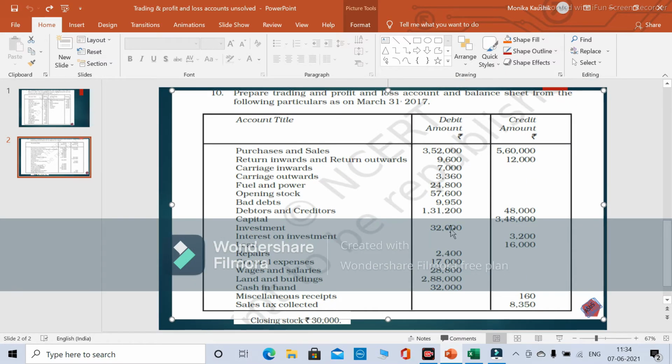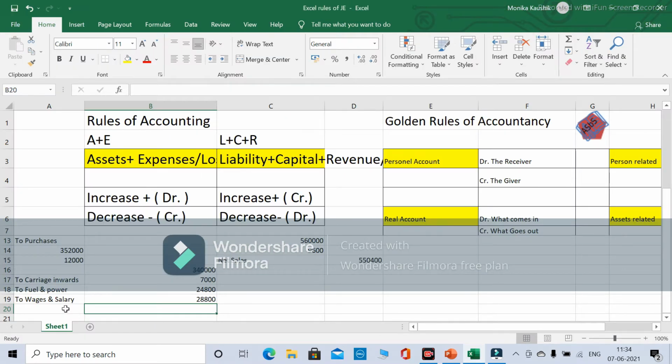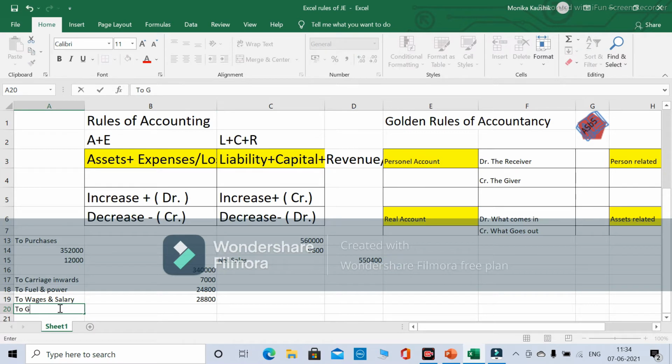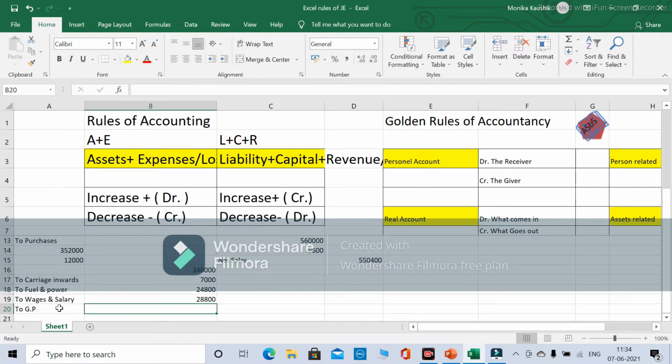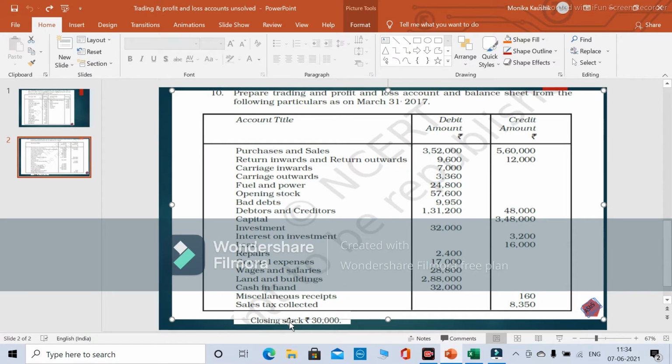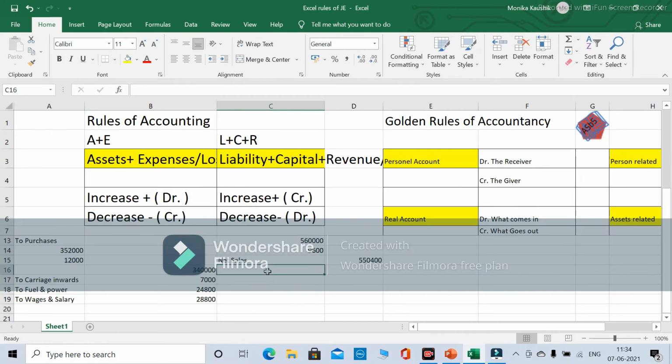Now let's calculate what we will get from this, the gross profit. One more important thing, closing stock is here and I have not taken it into consideration as of now. Closing stock is always part of the trading account. If closing stock is given in the trial balance, then also I'll have to take it, but in that case it will not go in the balance sheet.